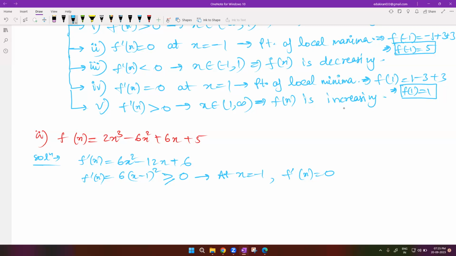This is a monotonic function, if you remember. Not strictly, but yes, always increasing. This is an increasing function.